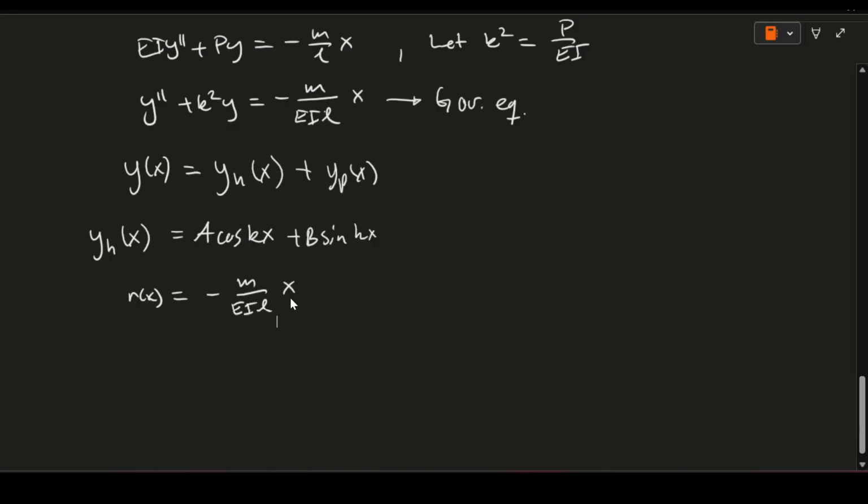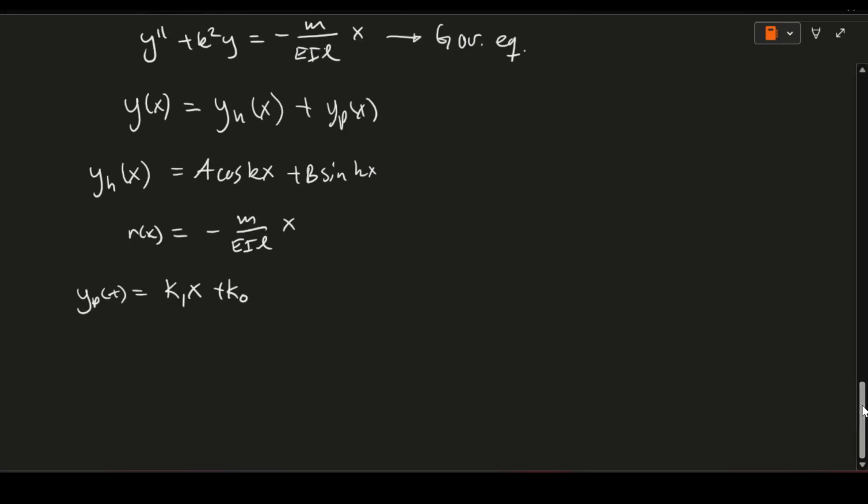And we use our table to find out what the equivalent particular solution is. So yp of x is then equal to k1x plus k0. The first derivative of this is just k1. The second derivative of this is 0. We can insert this into the governing equation.